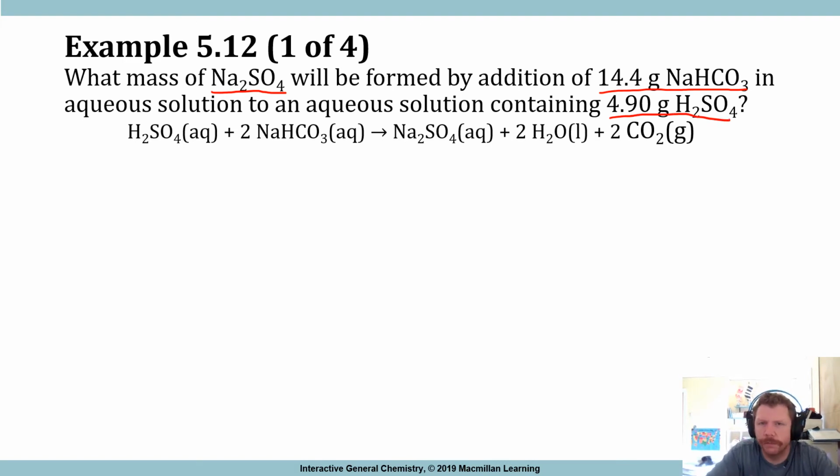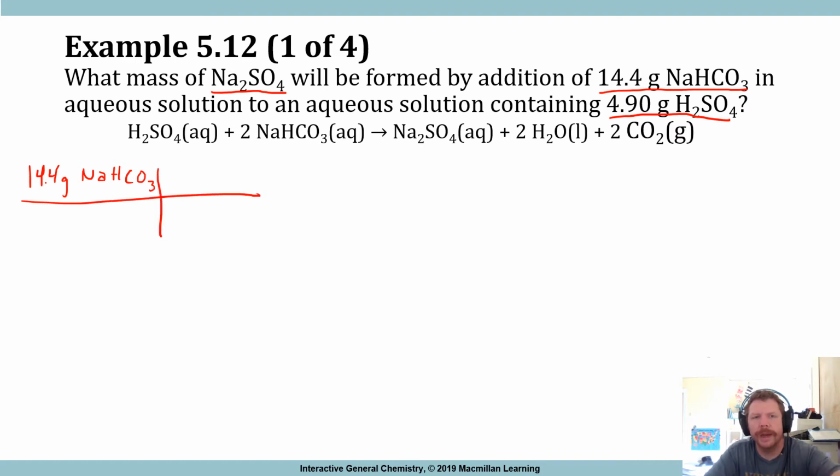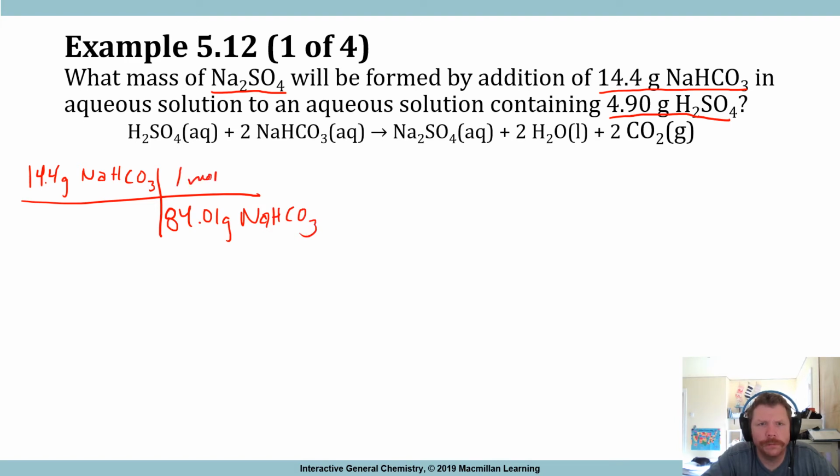Okay, so our first step is 14.4 grams of NaHCO3. My molar mass for that is 84.01 grams. Okay, got it. 84.01 grams is the mass of 1 mole of NaHCO3.